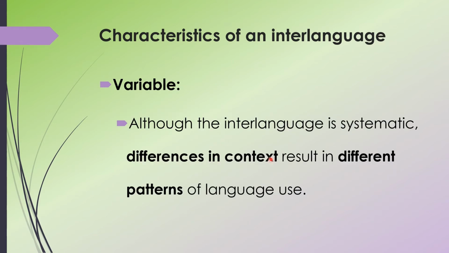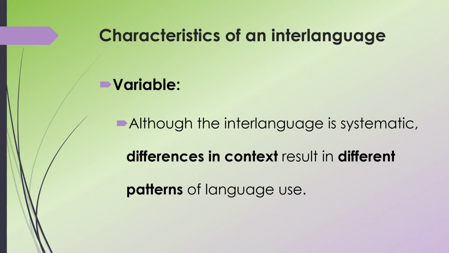Variable: although the interlanguage is systematic, differences in context result in different patterns of language use. So based on the context, individual learners can show different patterns of language use. Maybe in one context they use one categorical knowledge of that particular language, that is the target language, and that can be different in different contexts.